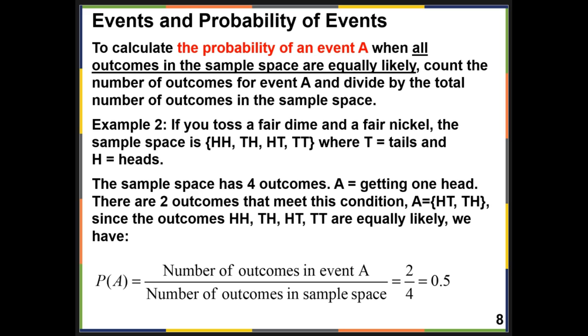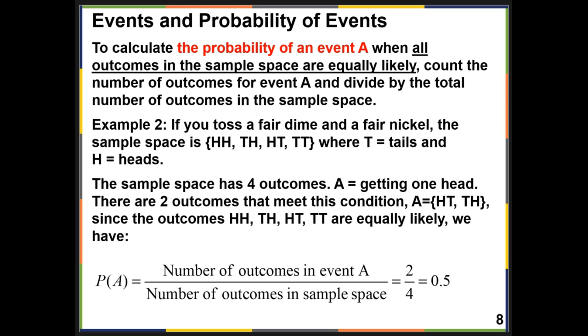To calculate the probability of an event A when all outcomes in the sample space are equally likely, you count the number of outcomes for event A and divide by the total number of outcomes in the sample space. So if you toss a fair dime and a fair nickel, the sample space is heads-heads, heads-tails, tails-heads, or tails-tails. The sample space has 4 outcomes.